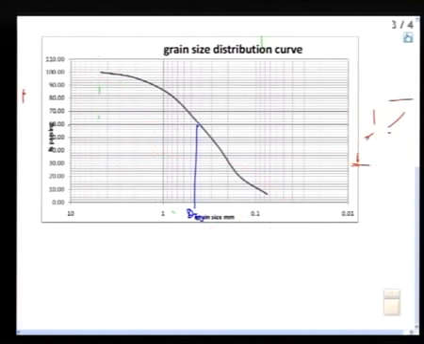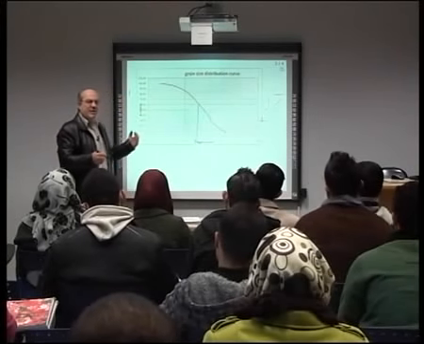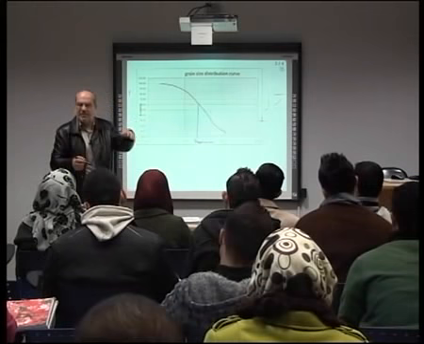So I'll get this number. How much? 0.2, 0.3, 0.4, 0.46, for example. So D60 is the diameter through which 60% of the sample passes.